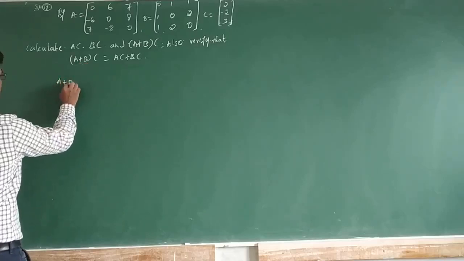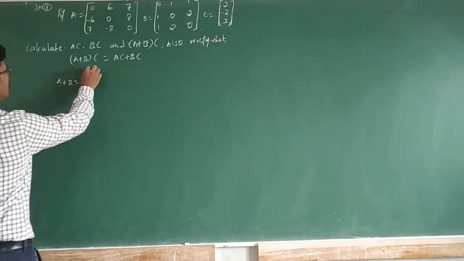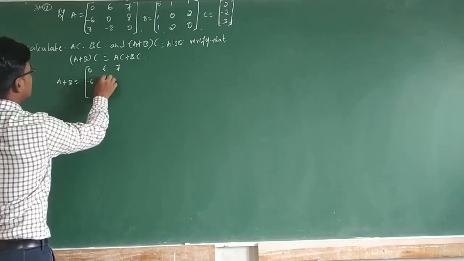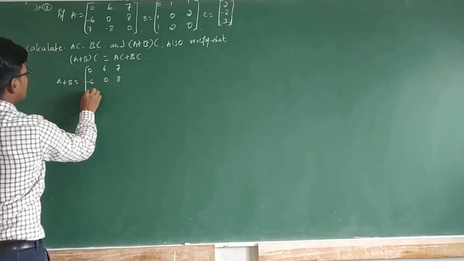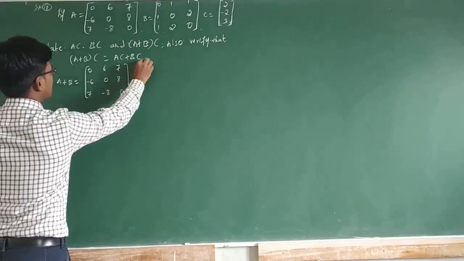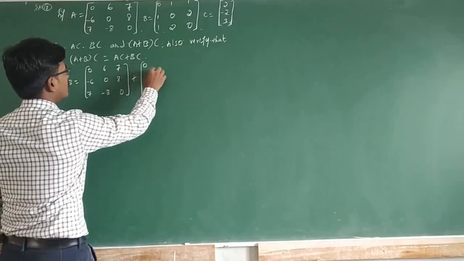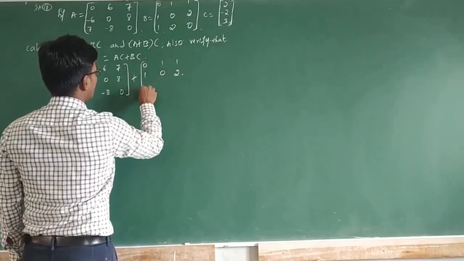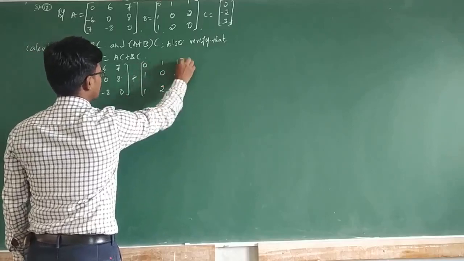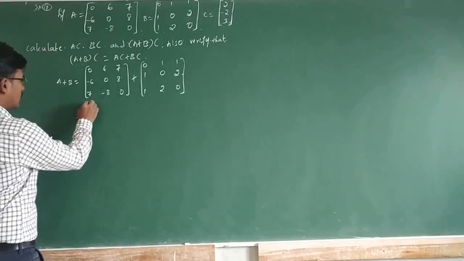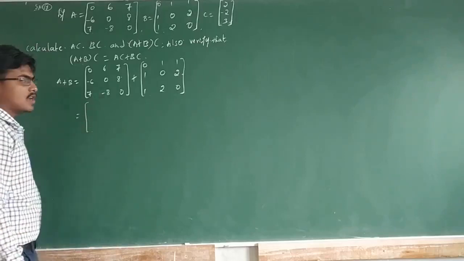Here A plus B is equal to matrix A, which is 0, 6, 7, minus 6, 0, 8, 7, minus 8, 0, plus matrix B, which is 0, 1, 1, 1, 0, 2, 1, 2, 0. We have to apply addition of two matrices. The orders of the two matrices are the same, so we add corresponding elements.